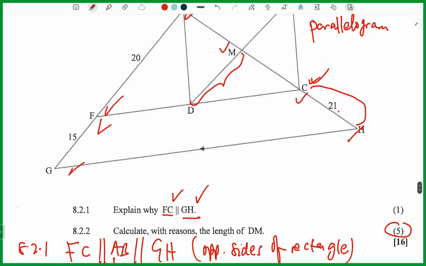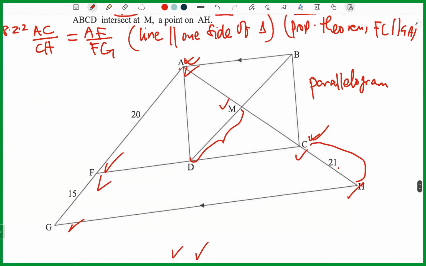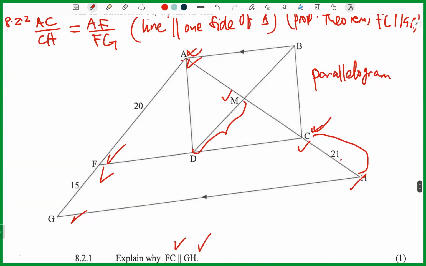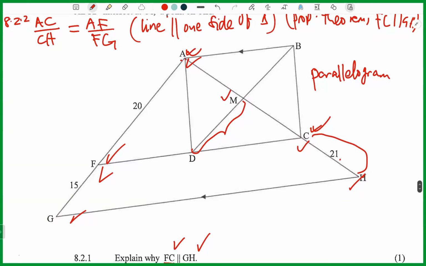So calculate with reasons the length of DM. So we're interested in the length of DM. So then we have AC over CH. What is CH? CH is 21 units, so we put 21 here.